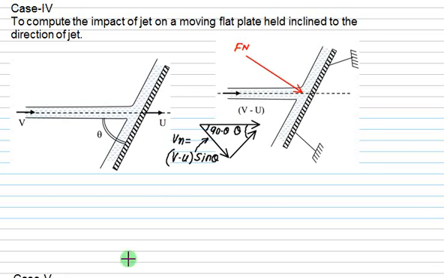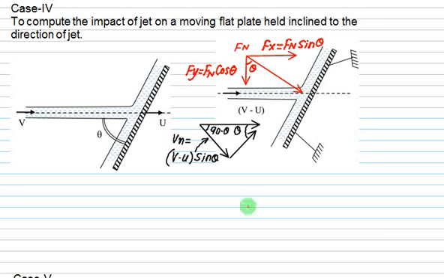It can be resolved into two components. The angle made with the vertical is theta. So Fx equals Fn sin theta, and Fy equals Fn cos theta.